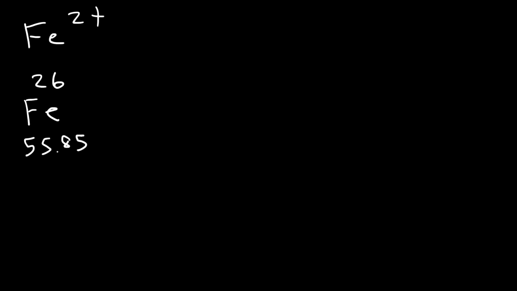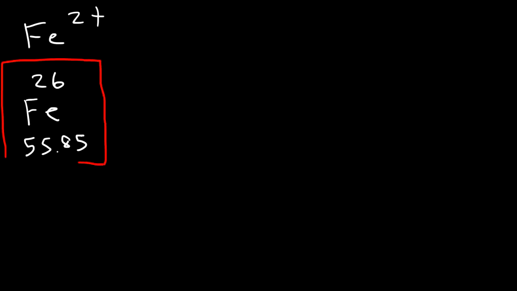Now what about ions? Let's say we want to write the electron configuration of the Fe2+ ion. How can we do so? On a periodic table, Fe has an atomic number of 26 and an average atomic mass of about 55.85.